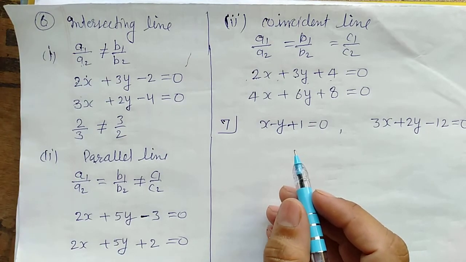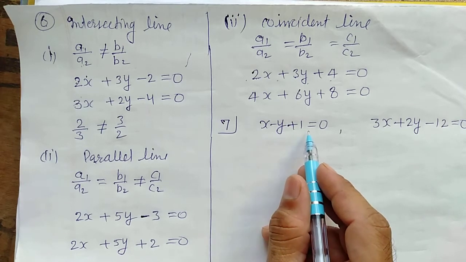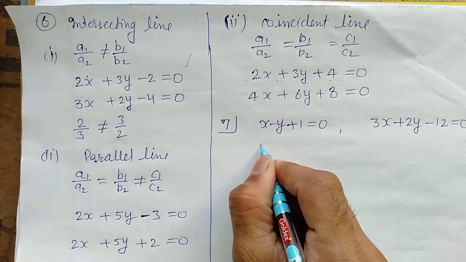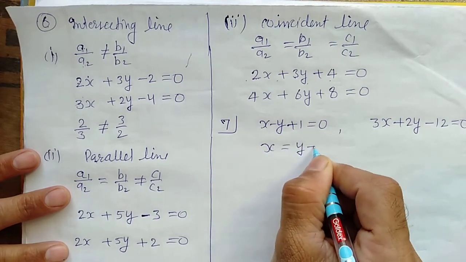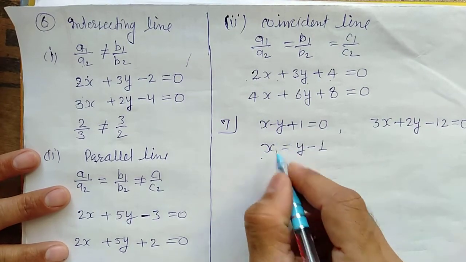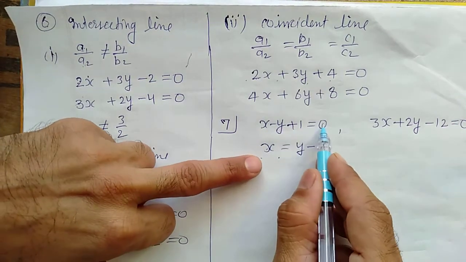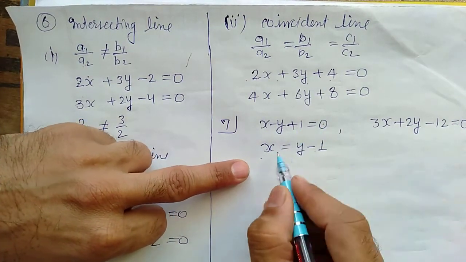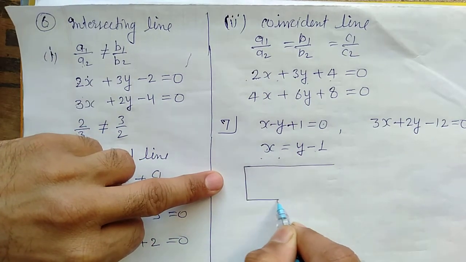See, here the first equation is x minus y plus 1 is equal to 0, which means we can write x is equal to y minus 1. By transposing, y goes with a plus sign and this is a minus sign. So for this one I am going to make a table here.